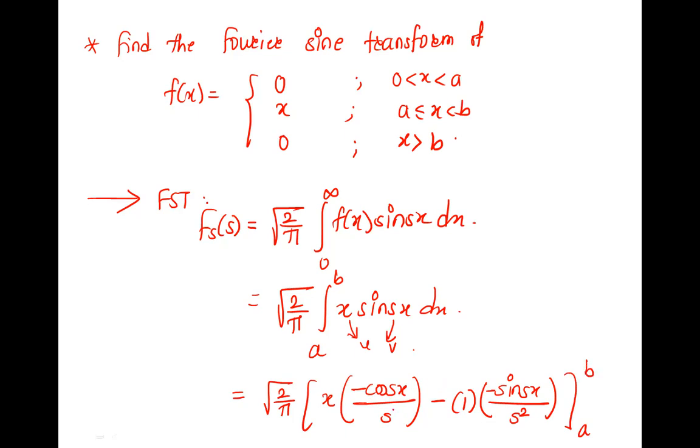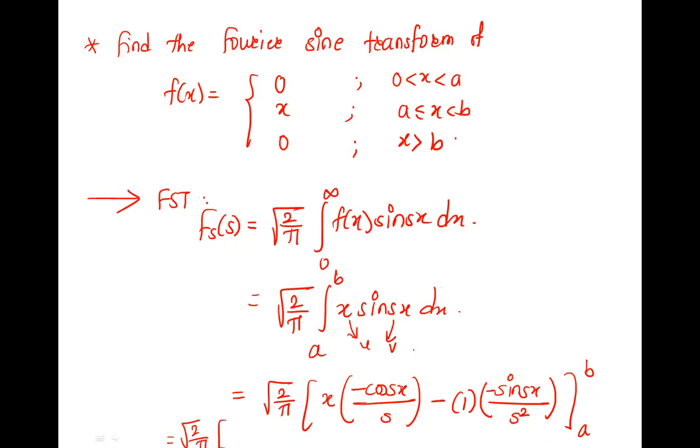So for x, everywhere you will first write b, and then the negative sign will come, and for x, everywhere you will write a. Do that. I'll try to write it here. Root 2 by pi.